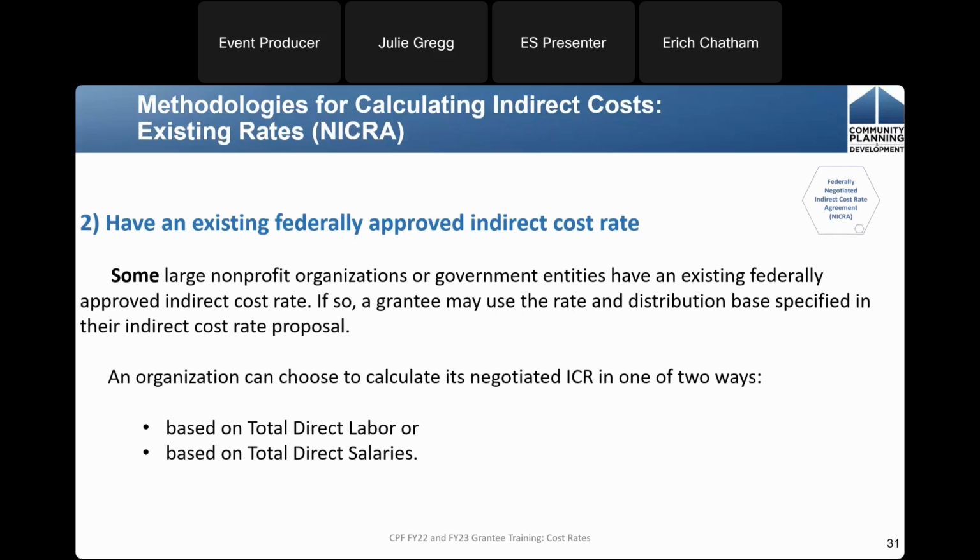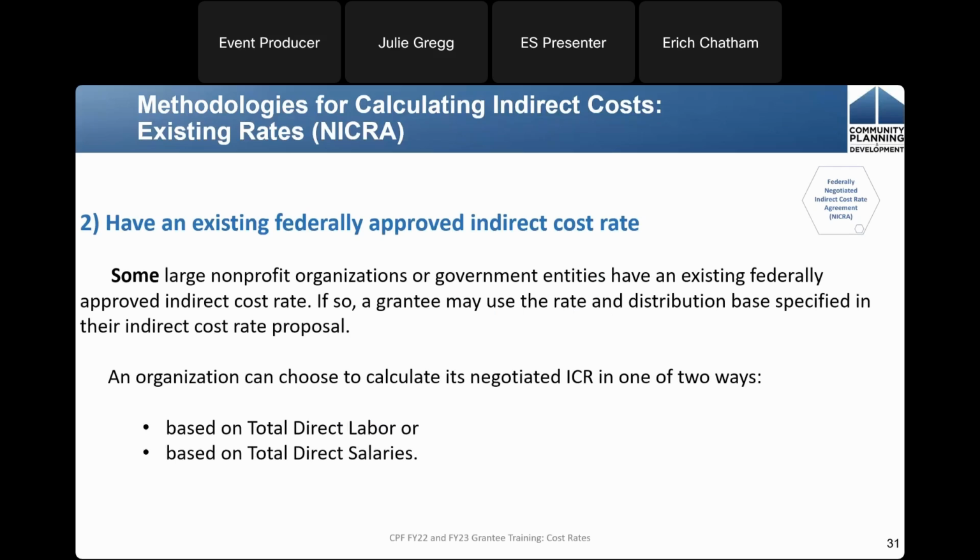So if you have an existing federally approved indirect cost rate, and some large nonprofit organizations and many government entities will have an existing rate approved, the grantee may use that rate and distribution base specified in their indirect cost rate proposal.